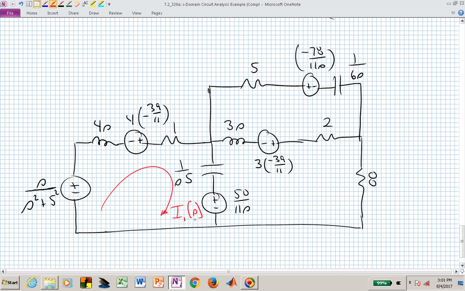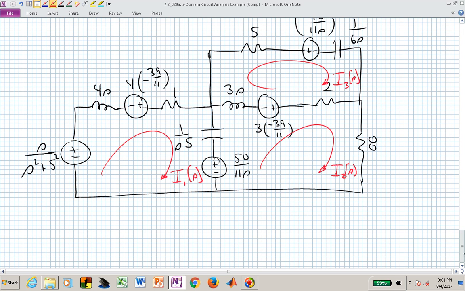That's important if we're going to write these equations by inspection. They all have to be going in the same clockwise or counterclockwise direction. Let me call this I sub 2 of S. And this current, again in the clockwise direction, is I sub 3 of S.